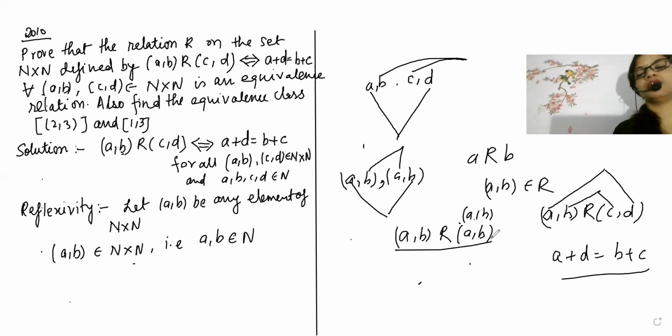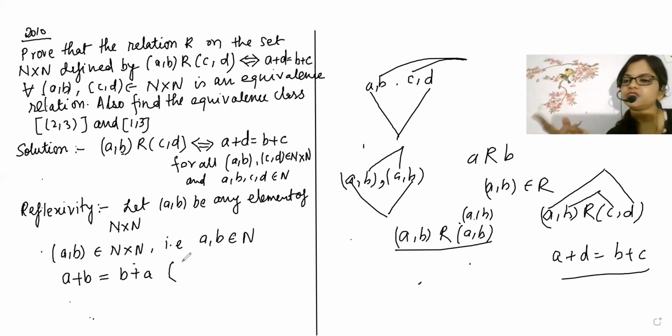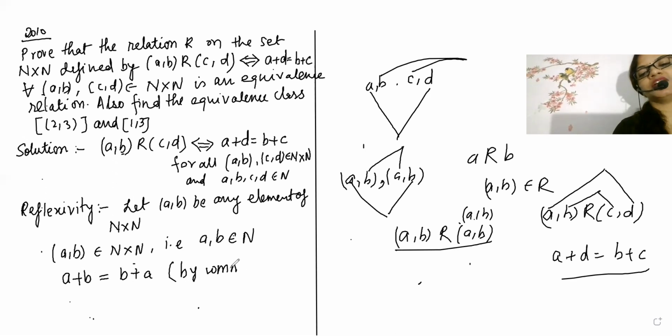Since a and b are belonging to the set of natural numbers, we have to start with (a, b). So now a plus b can also be written as b plus a. How? By commutativity with respect to addition.